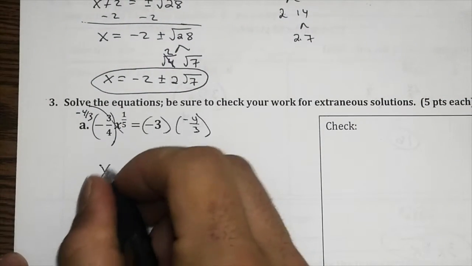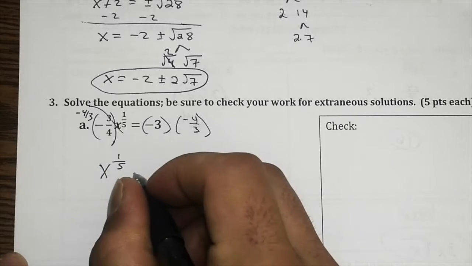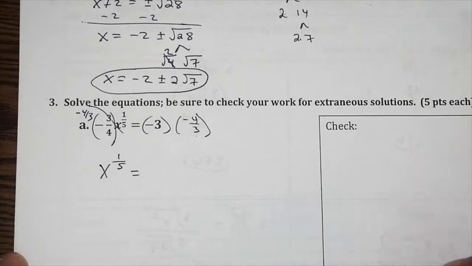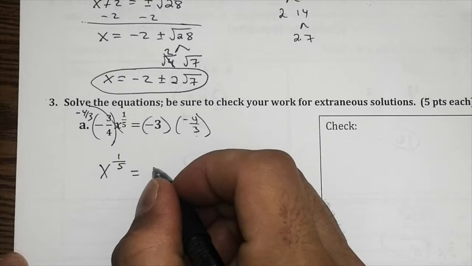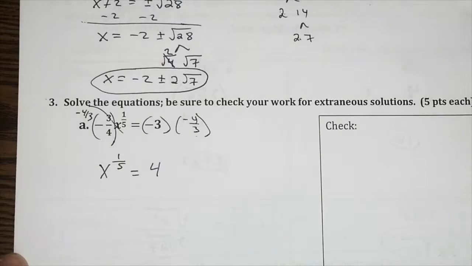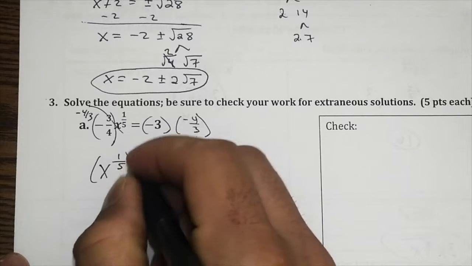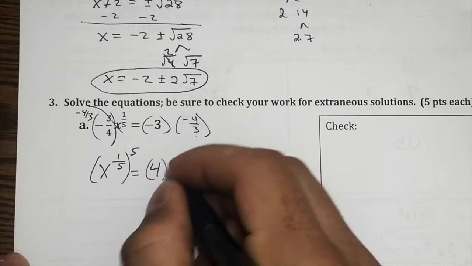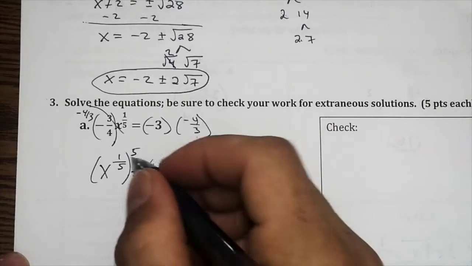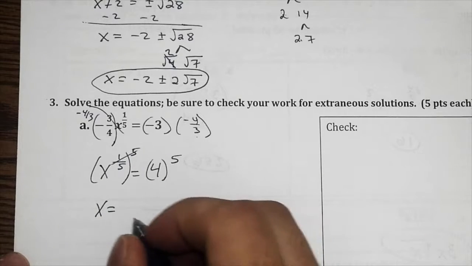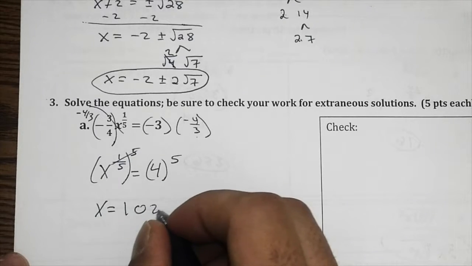We get x to the 1/5 equals, the 3's cancel, the negatives cancel, we just get 4. Now in order to get rid of 1/5, we have to raise to the power of 5. So these cancel. We get x equals 4 to the 5th, which is 1,024.